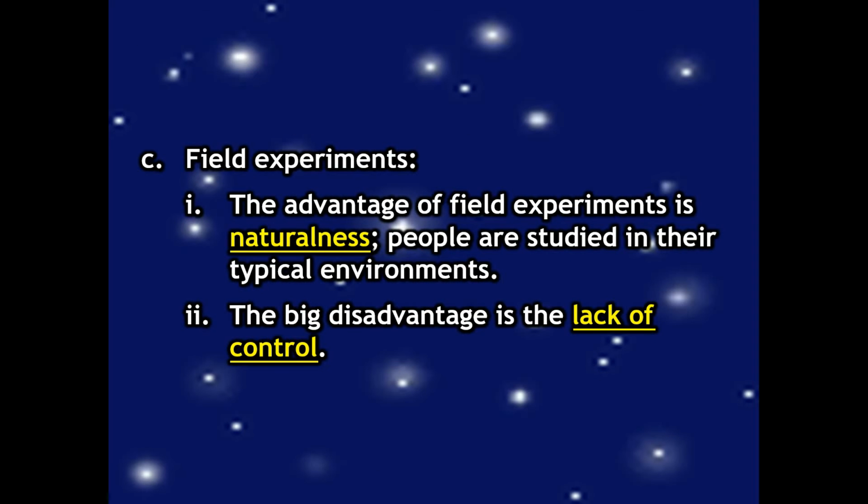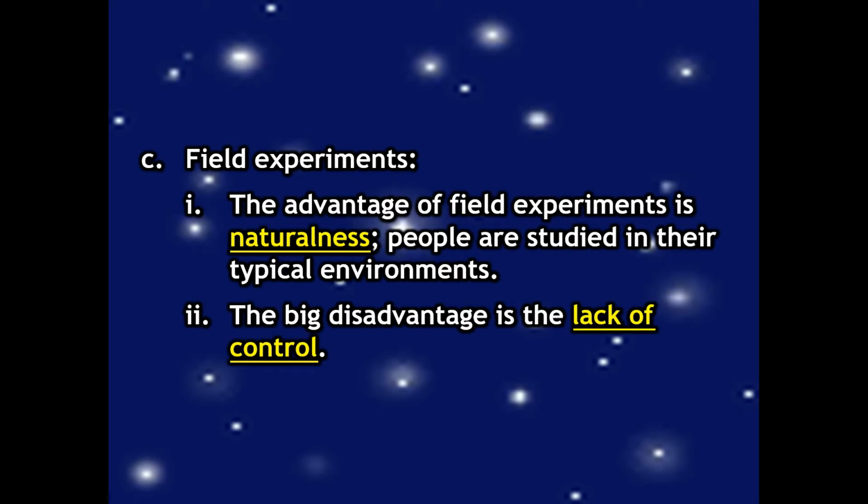As far as field experiments, the big advantage here is that they are more natural. In other words, people are studied in their typical environment. So you're living life as normal, and you are being watched and observed as to how you react to things that happen in normal everyday life. However, the big disadvantage here is the lack of control.